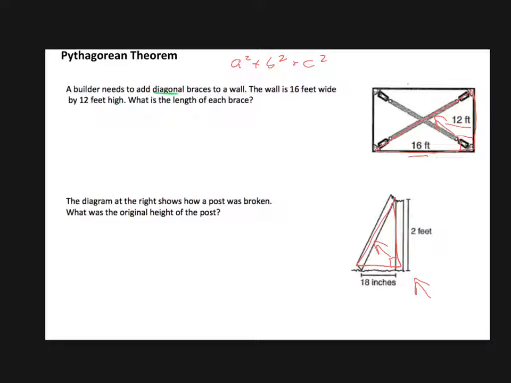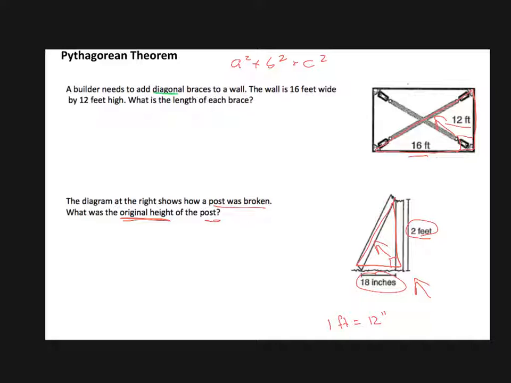That's the hypotenuse. And I guess I don't know that piece, but the key question is, what was the original height of the post, right? The post was broken. That's what this diagram's showing. So we have 2 feet here and 18 inches. Keep in mind that 1 foot equals 12 inches. So 2 feet, of course, equals 24 inches.